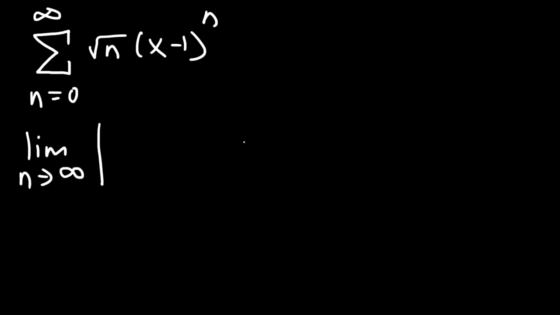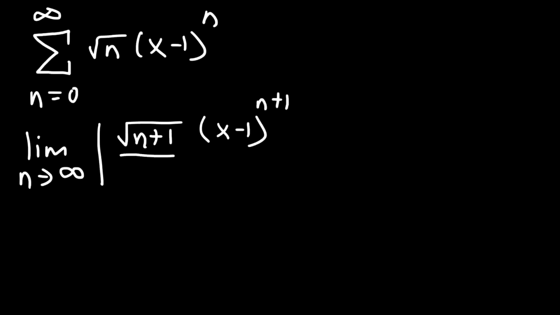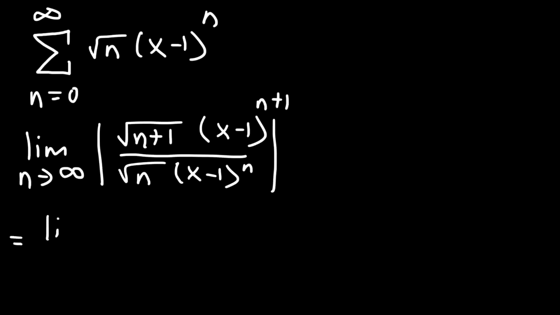u sub n plus 1 is going to be the square root of n plus 1 times x minus 1 raised to the n plus 1, divided by the original expression u sub n. So this is equal to the limit as n goes to infinity.